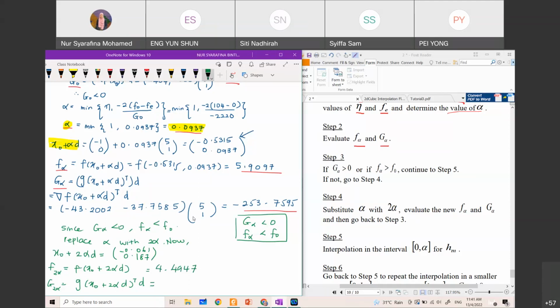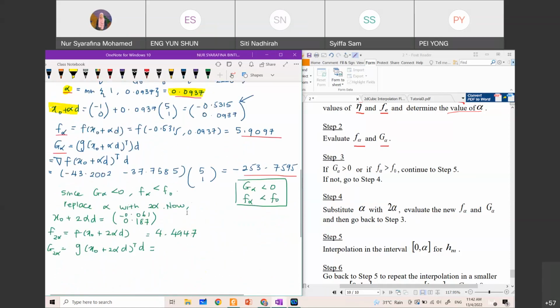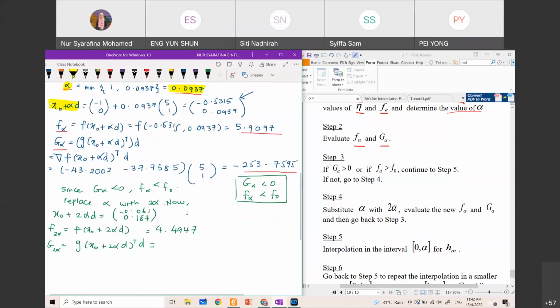And then substitute into the derivative of f so that you can get g transpose times d, and you will have 49.1687. How you obtain this: just substitute into the derivative of f at x naught plus 2 alpha d, and then transpose and multiply with d.